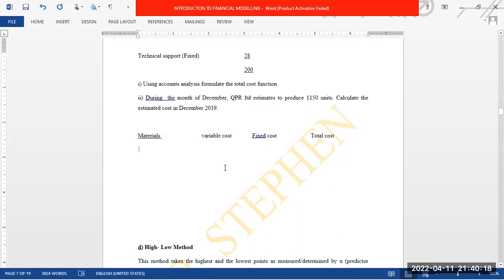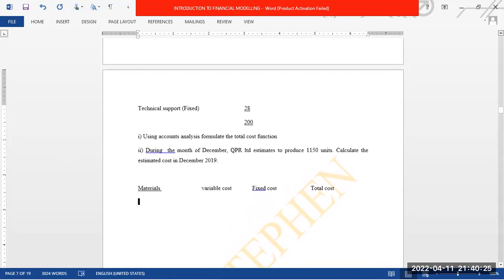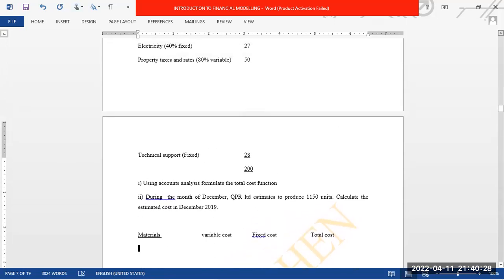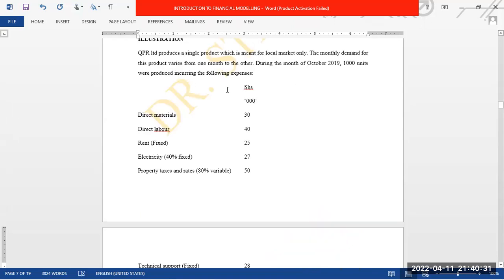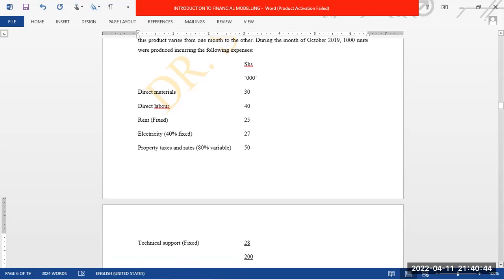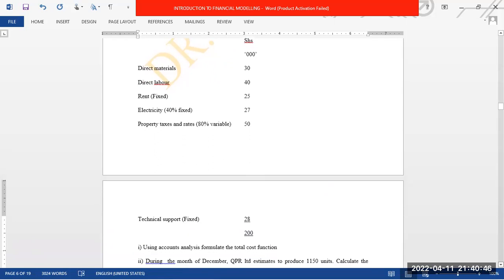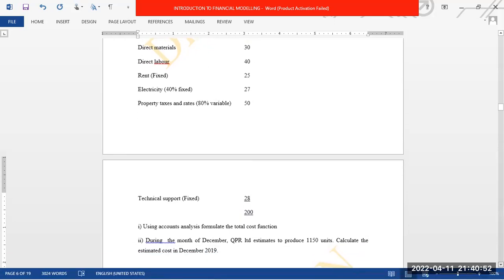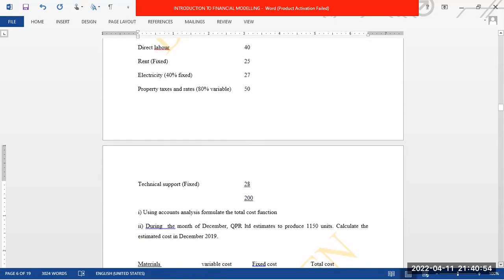So after separating them and giving them titles like that, you come to your question. During the month of October 2019, 1,000 units were produced incurring the following expenses. So we have direct material and direct labor, those are variable costs, 30, 40.